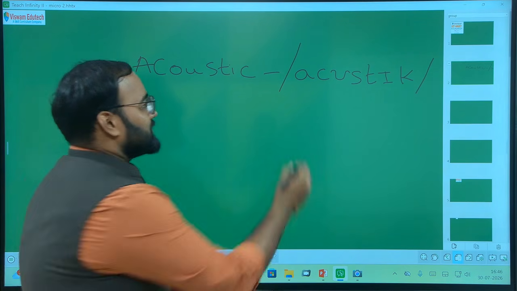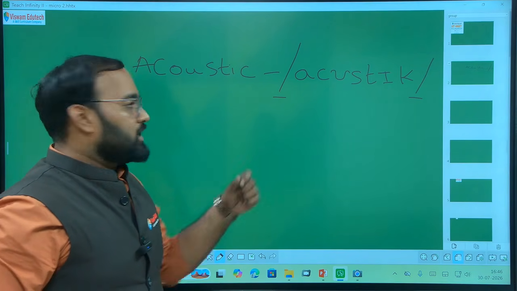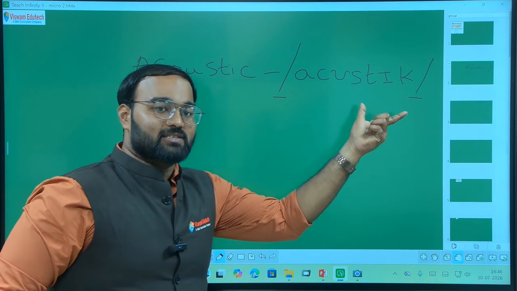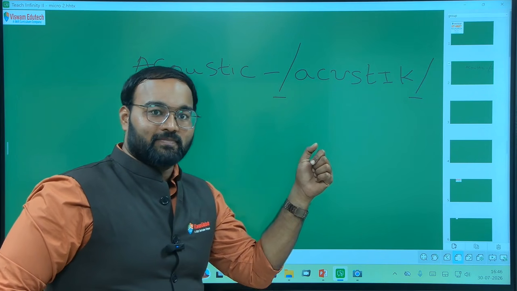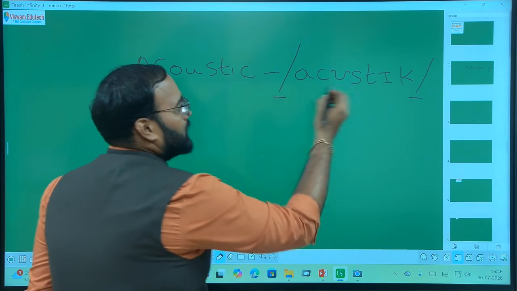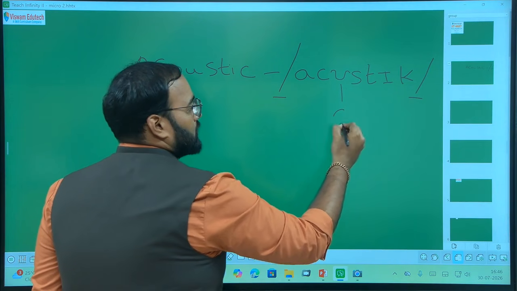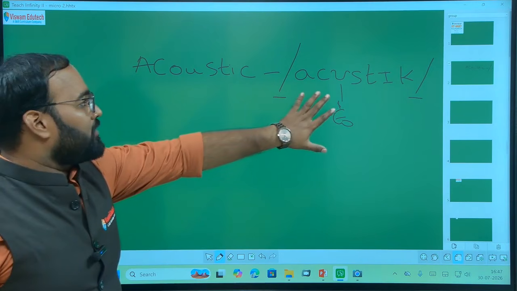As we discussed, a phonetical transcription is present in between two forward slashes. These slashes are called slangs. So here we have the oo sound. This is oo, right? So here we don't have the ow sound.